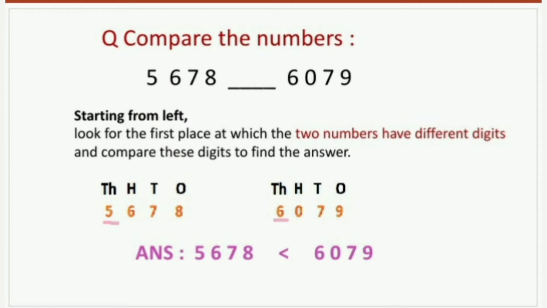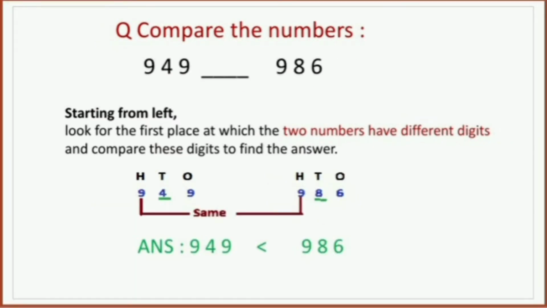So clearly 5 is less than 6. So here you have 5678, which is smaller than 6079, and you can see the corner part of the symbol is towards 5678.